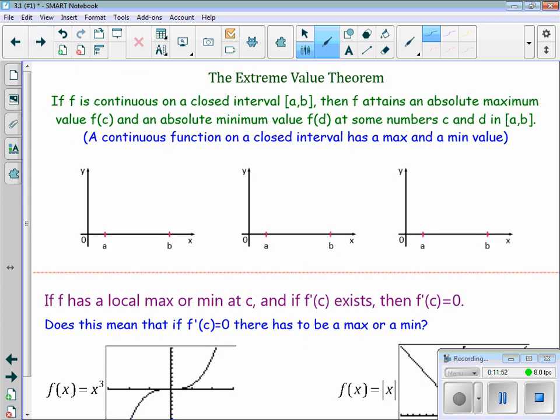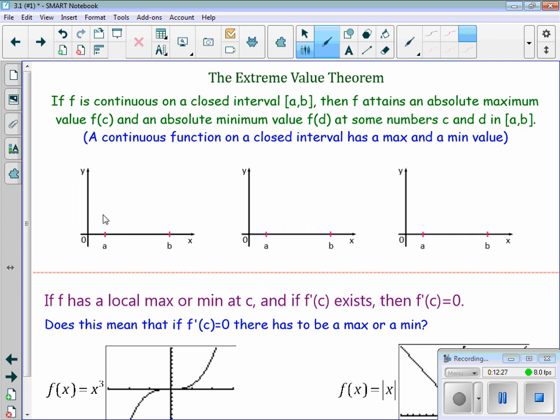Extreme value theorem. Theorems always sound kind of scary just because I always thought they were. A lot of these actually aren't crazy difficult to understand when you get better at reading mathematics, which definitely isn't something that just comes to you. Okay, so if f is continuous, that just means there can't be breaks in the graph. You can't pick up your pencil. So if f is continuous, then f has to have an absolute max and an absolute min value at some numbers in that interval.